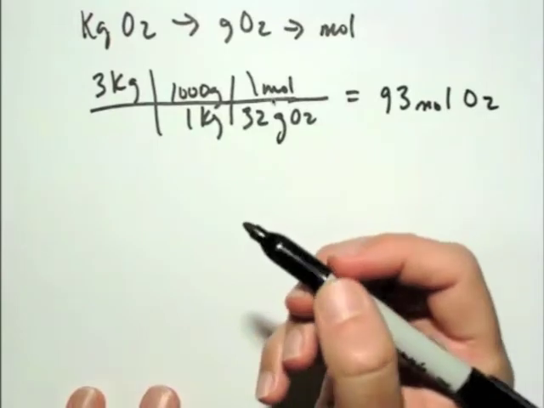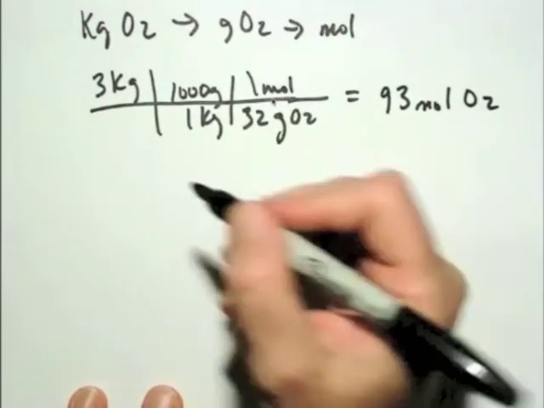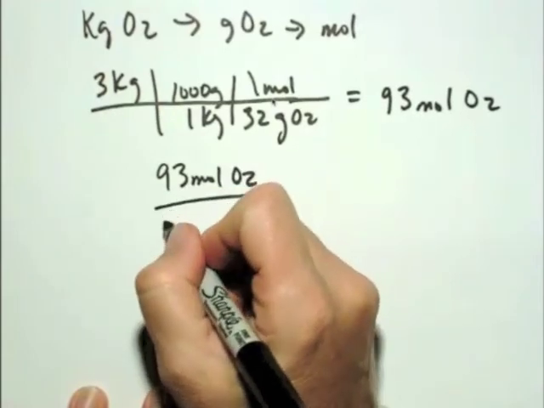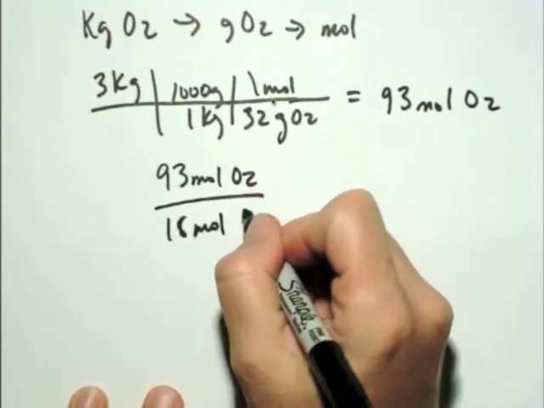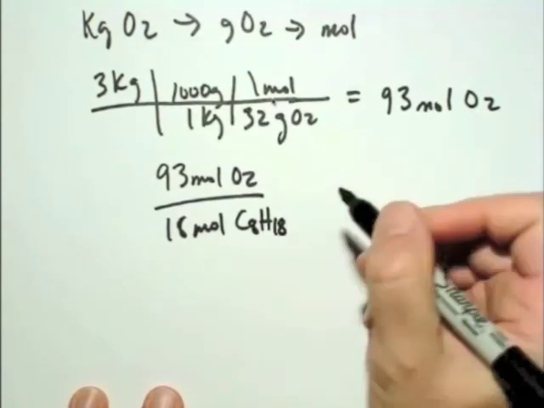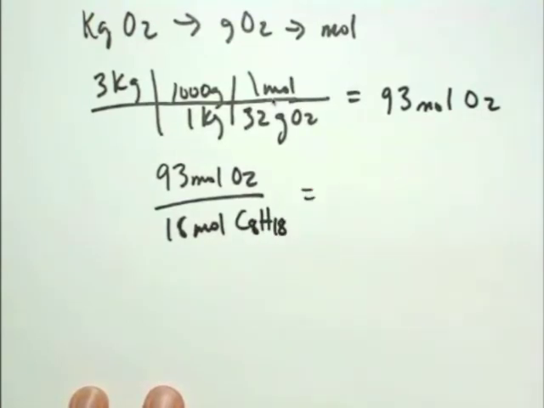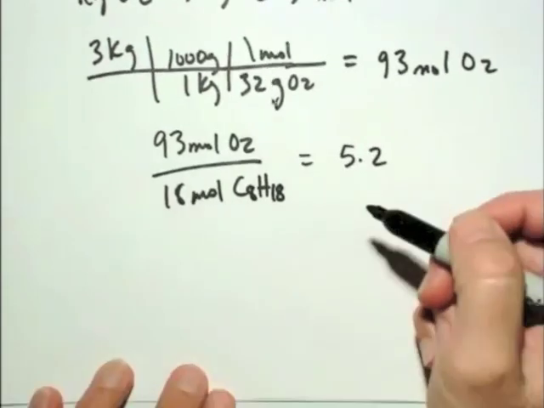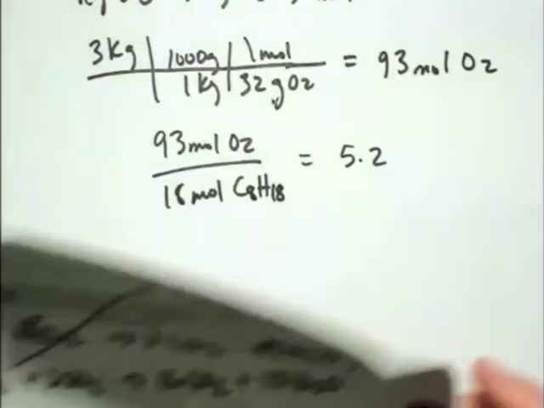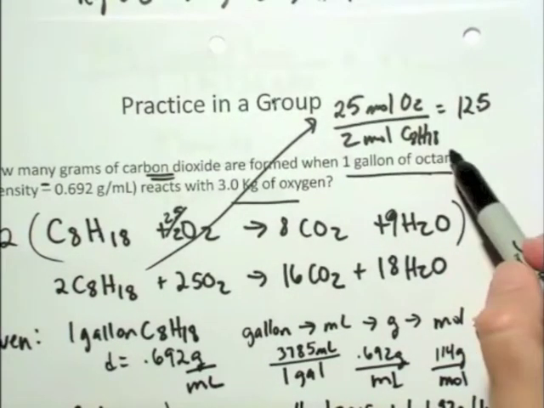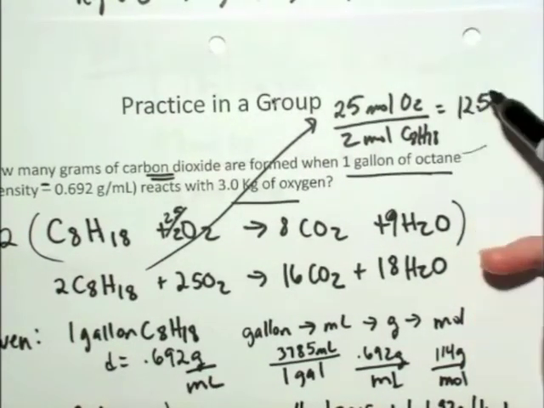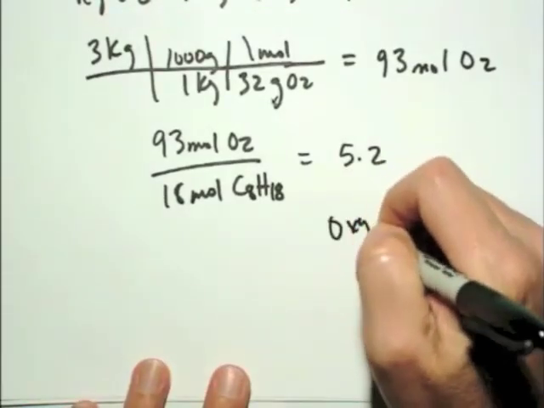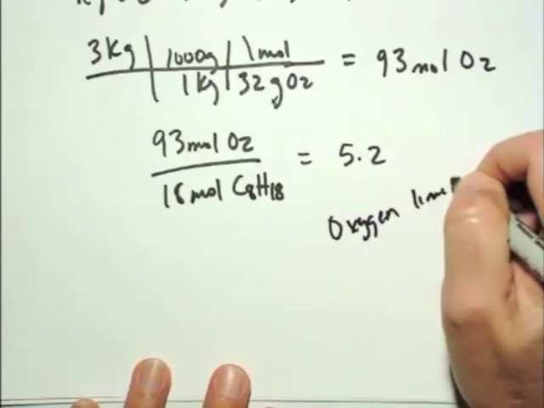So the ratio then of oxygen to octane in this case is 93 moles of oxygen per 18 moles of octane. And that's going to give you a molar ratio of 5.2. But we said that the needed amount from the previous page was 12.5 moles of oxygen to 1 mole of octane. This is only 5.2, so again, oxygen is going to be our limiting reagent.